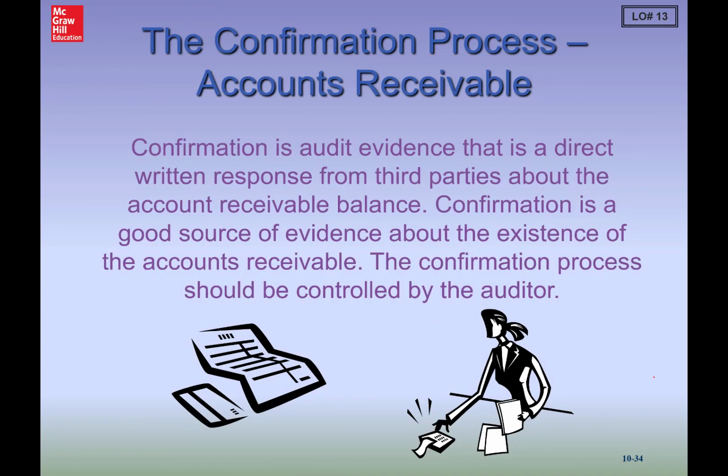Now, confirmation. And with confirmation, we're looking at what? The existence assertion, okay? They should be controlled by the auditor. Do not let a client say, we'll mail those confirmations for you, no problem. They are controlled by the auditor. Sent by the auditor, they are received back to the auditor's office, right? On whose letterhead?